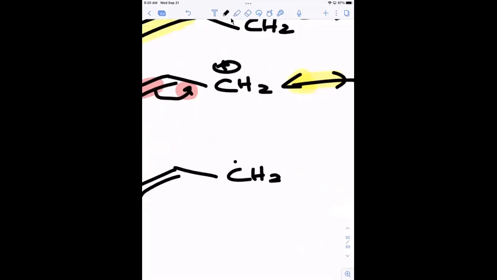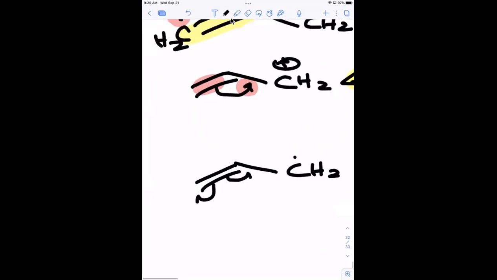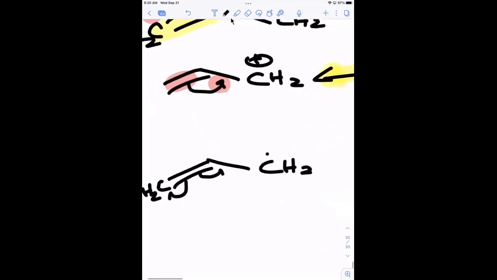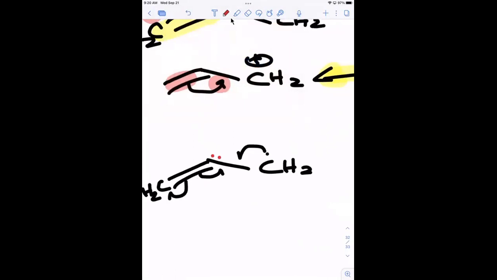With the radical, it's different because you're only moving 1 electron. The pi bond itself is composed of 2 electrons in overlapping unhybridized p orbitals, right? So I'm going to take one of these electrons and move it here onto the terminal carbon, and then this electron is coming here. What that's saying is that I'm moving the pi bond to here.